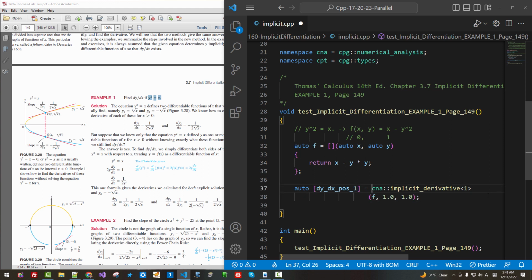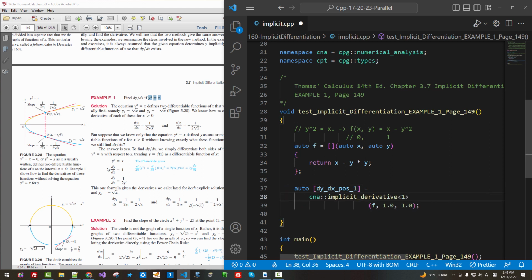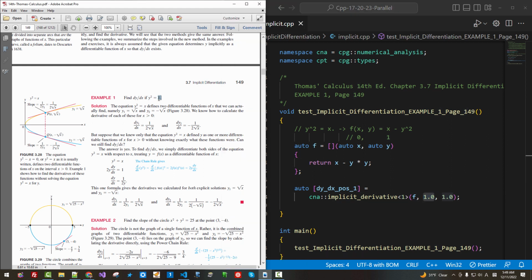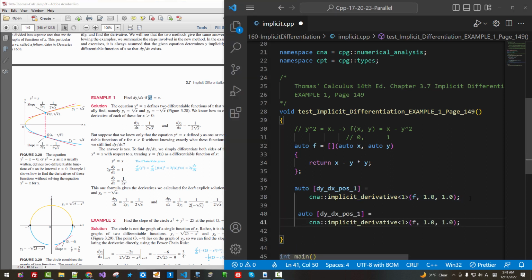Or I can give a line break. When x is 1, y can be positive 1 or negative 1. Copy, paste. Now, negative 1. When x is 1, y is negative 1. Now, std::cout, dy over dx, positive 1.